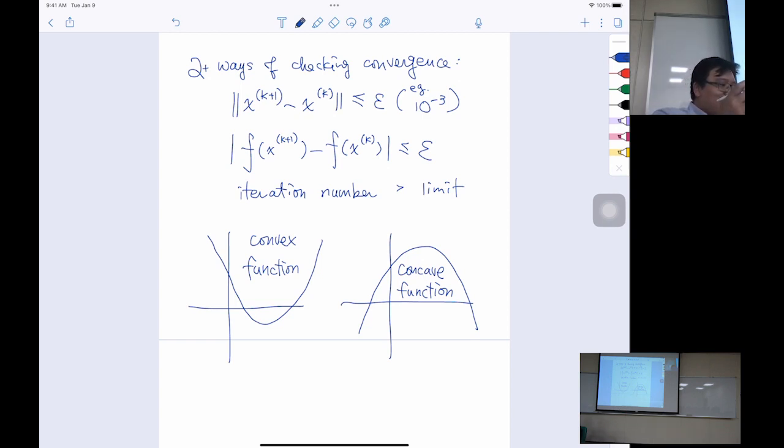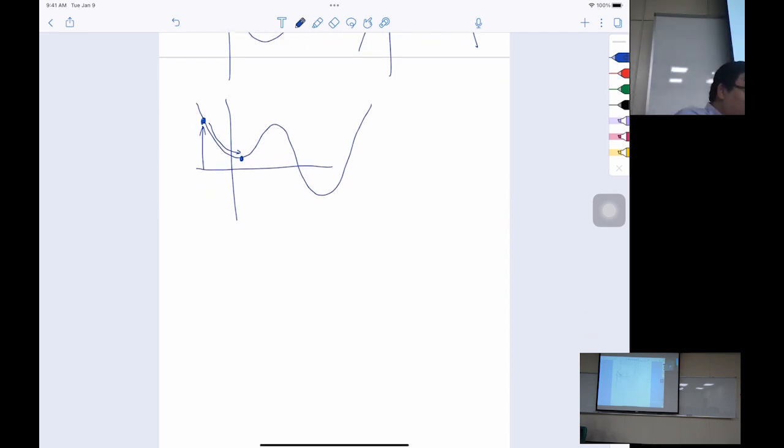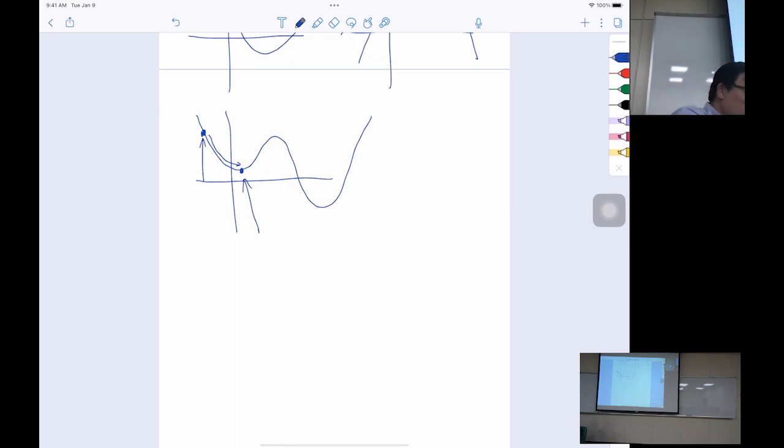Because we are minimizing, for minimizing a function, we can only handle convex functions. How about this? If we have two minimum points, then it depends on where your initial guess is. If you have an initial guess right here, at the end you may be located at this position. We call this a local minimum.